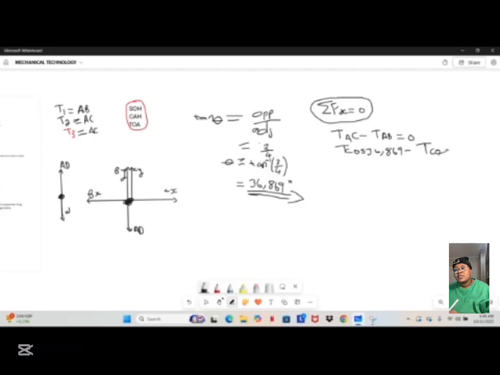As I've given you, T1 is equal to this, T2 is equal to this, and we won't be needing this. So here you can write T2, and here you can write T1. Okay, all right, let's proceed. And then you should always indicate that it's equal to 0.